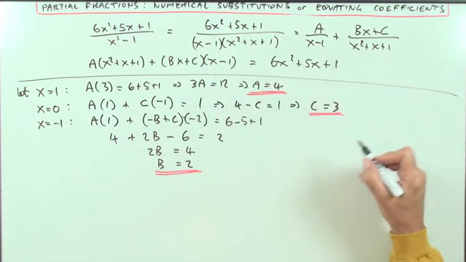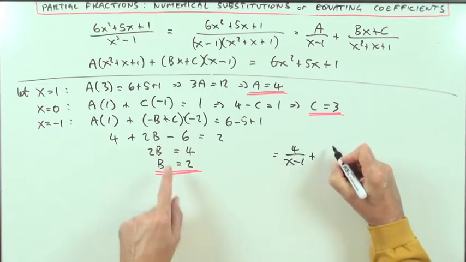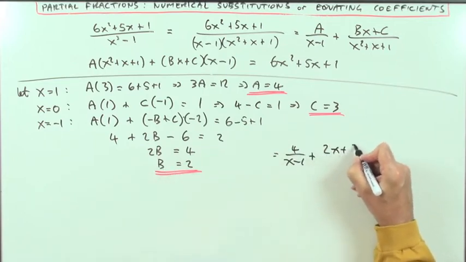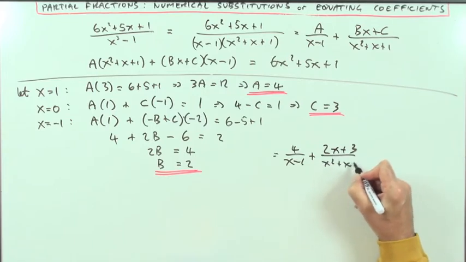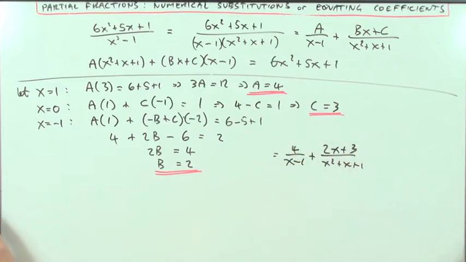So the expression is going to be 4 over x minus 1 plus (2x plus 3) over (x squared plus x plus 1). Right, that was using numerical substitutions, and that was fairly quick.